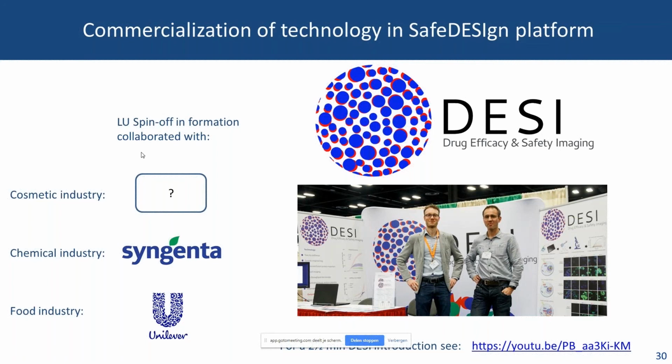We talked with industry, and this also led to some of these collaborations that right now we perform under the flag of the university. So if you're interested in DESIgn and what we might offer in the future, I encourage you to visit this YouTube movie in which we describe what we do and what our vision is.